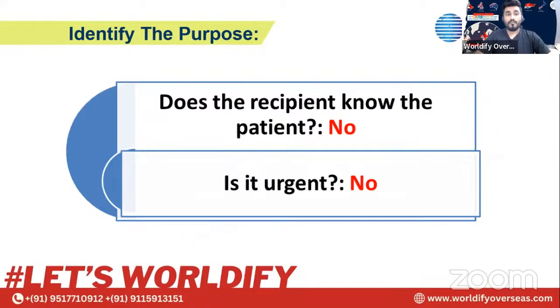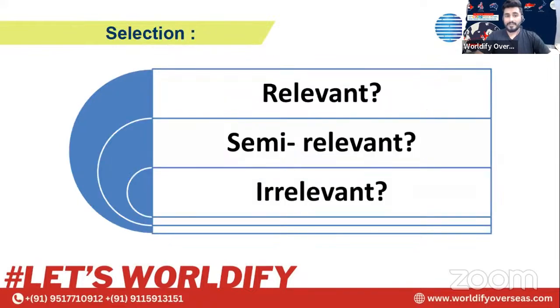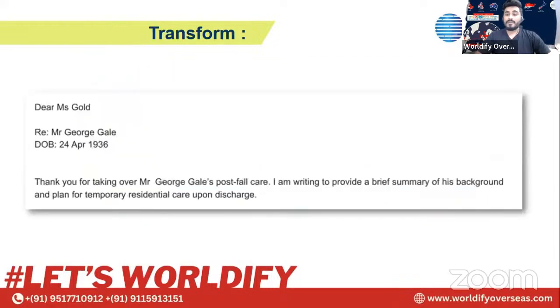Now we are at the next step of our letter after selecting the relevant, semi-relevant, or irrelevant information. Now it's time for transforming your letter here. So I will read the sample here and also discuss the grammar used here simultaneously.